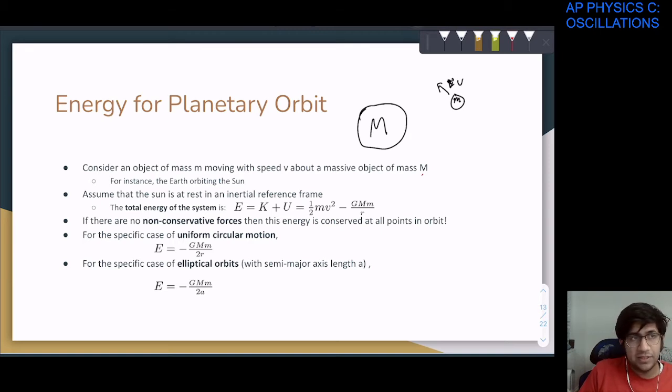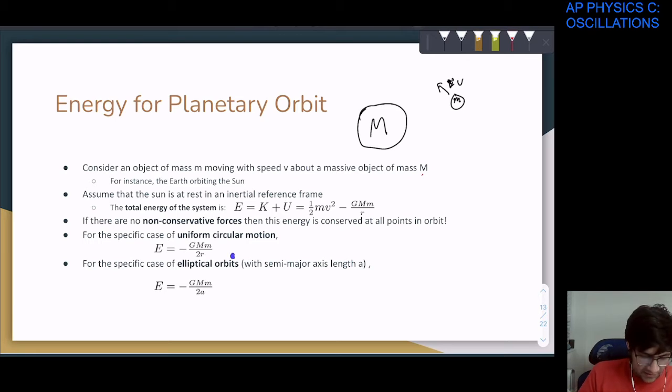Well, it's just going to be the attraction between the two celestial bodies, right? And we just said that the potential energy is GMm over R. So big M is the mass of the Sun, little m is the mass of the Earth, and of course it's negative, as from the previous slide. And since there are no non-conservative forces, the energy is going to be conserved at all points in the orbit.